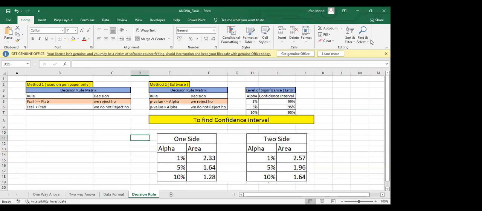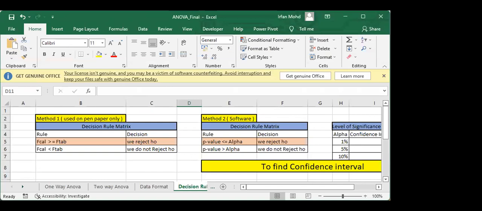Actually, those values for method 1, method 2, sir. Okay, I'll do that. Thank you, sir. Welcome.